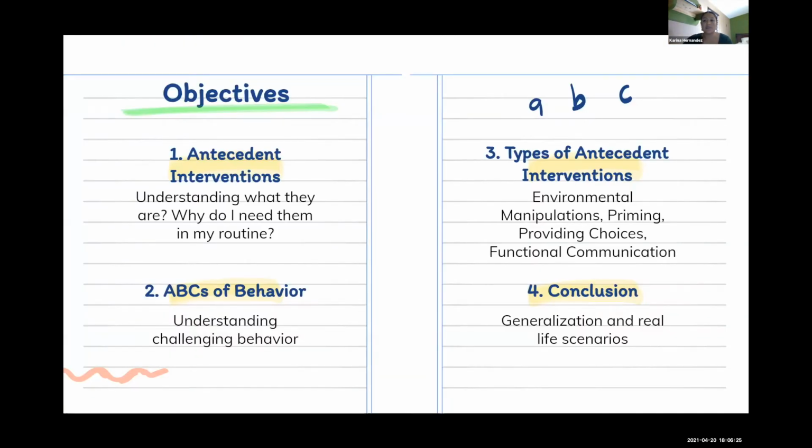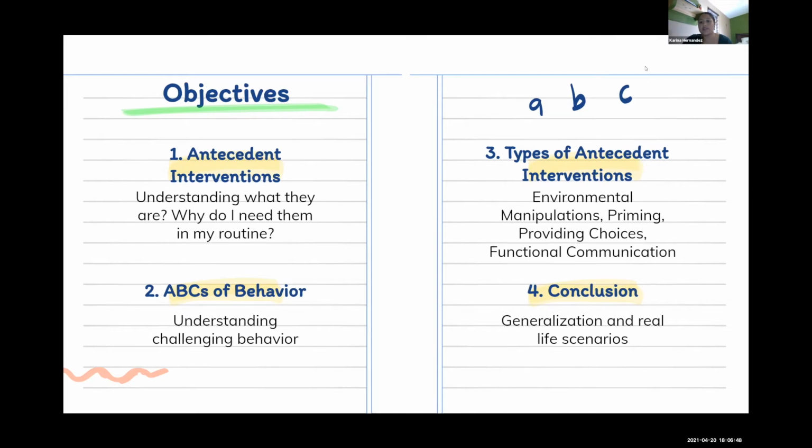First, a couple of things we'll be reviewing today. We are going to review what antecedent interventions are, understanding what they are and why I need them in my routine. Then we'll discuss the ABCs of behavior, which help us as teachers, and help parents, learn to understand challenging behavior better.